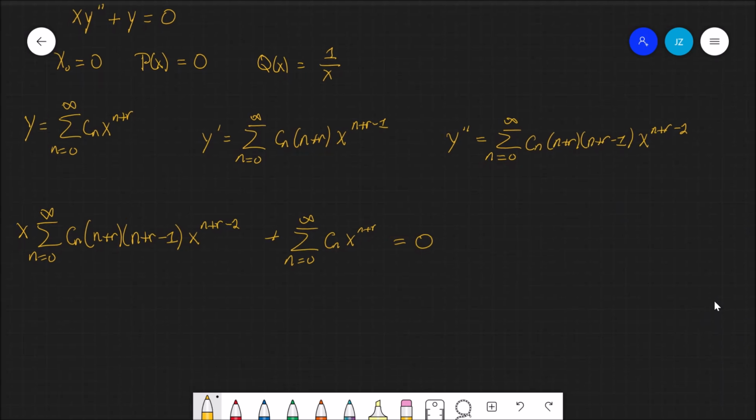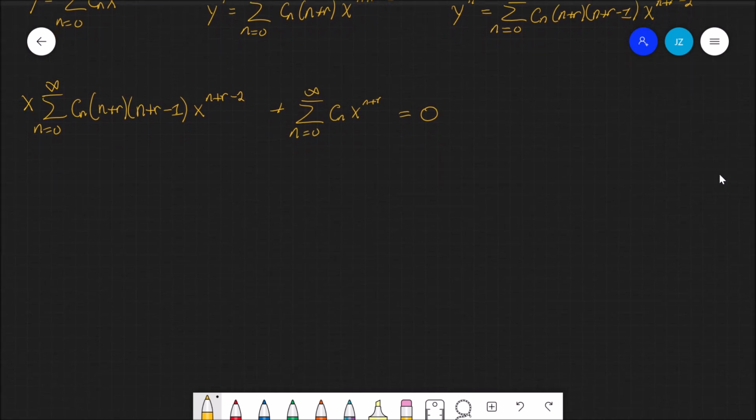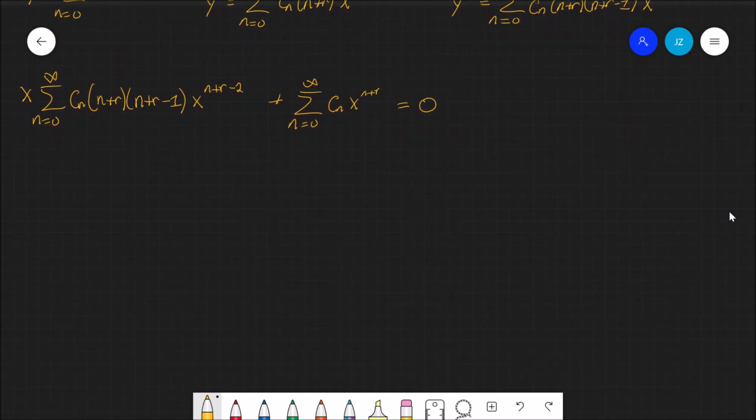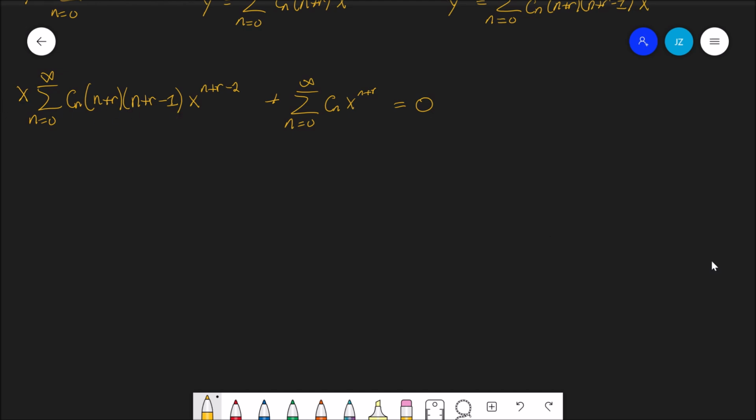And just as we did in the previous example, we're going to have to algebraically simplify this. So first thing we're going to do, distribute this x through. Let's now factor out x to the r.